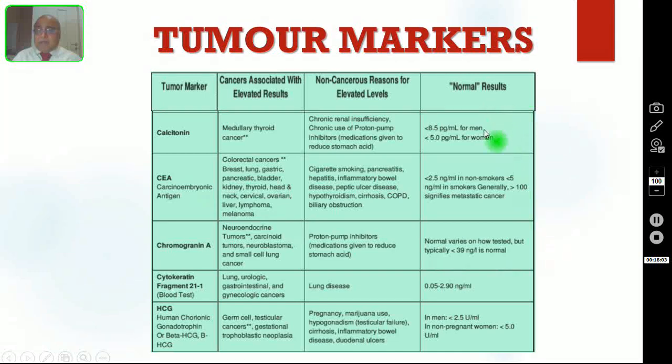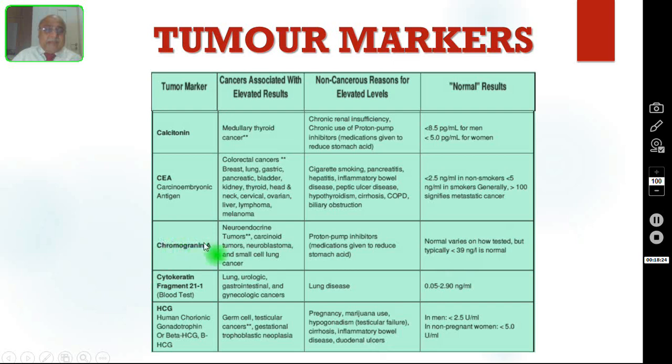So what is the normal level? Usually it is less than 2.5 nanogram per ml in non-smokers. It should be less than 5 nanogram per ml in smokers. Generally, if it is more than 100, that signifies the patient is having metastatic cancer.